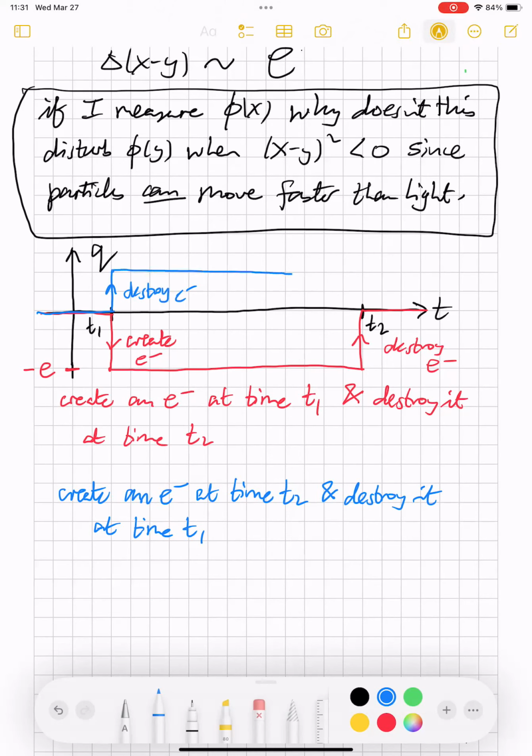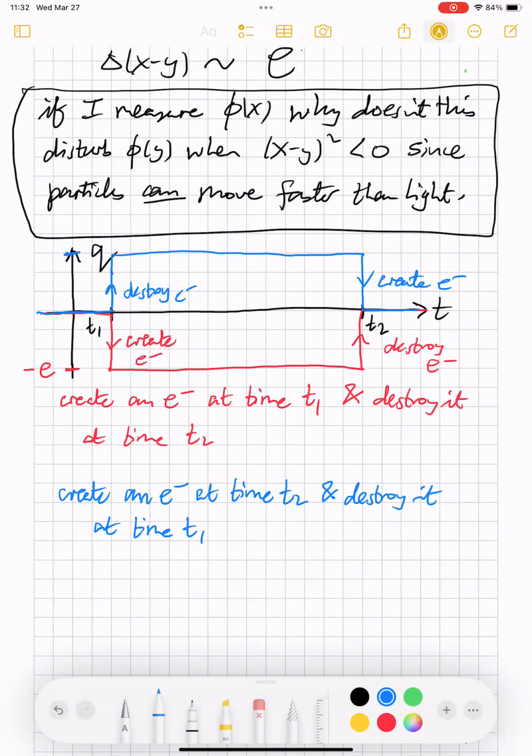Then we keep propagating at this fixed charge. Oh, let me be true to my scale. Now we keep propagating at this charge until time t2, and at time t2, I create the electron. And when I create the electron, the charge always goes down because creating an electron adds a charge of minus E to the universe. So here I created an electron.